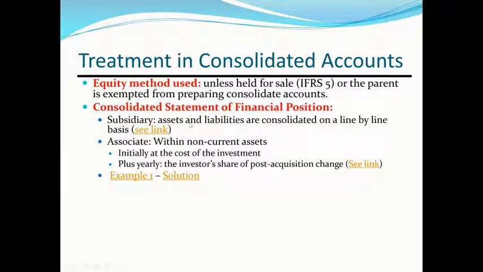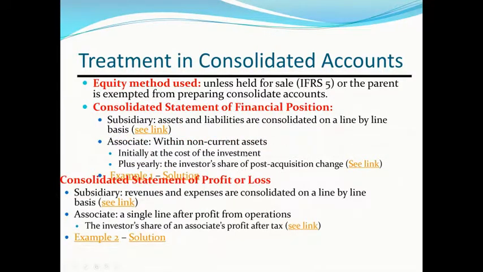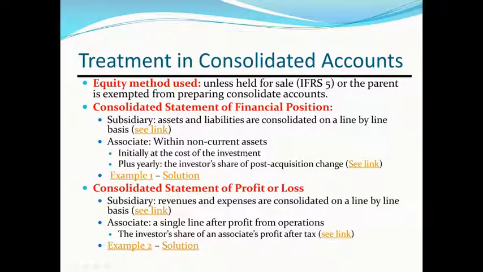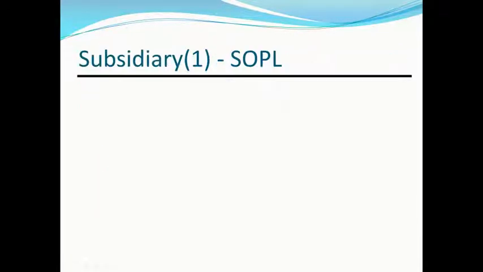Okay, continue with the use of equity method. So we'll move now to the use of equity method in the preparation of consolidated statement of profit or loss. So for the subsidiary, the rule here is all revenue and expenses are consolidated on a line-by-line basis, and a summary of the steps that we follow here.